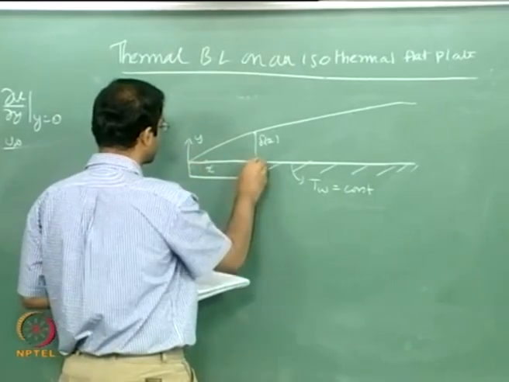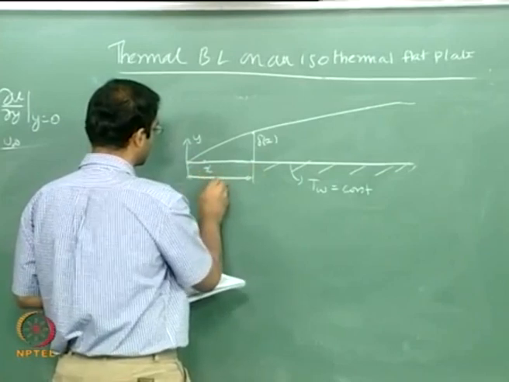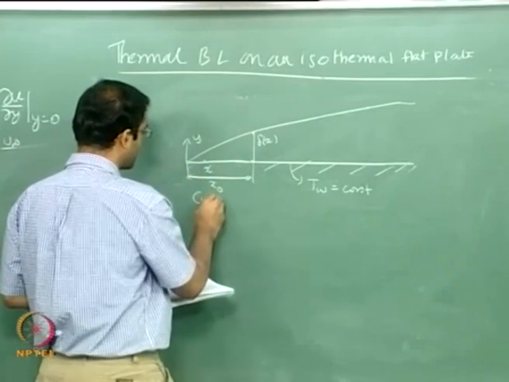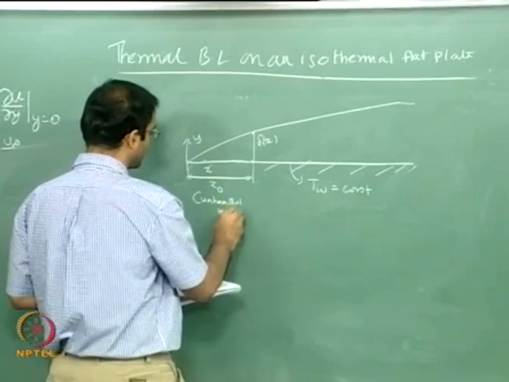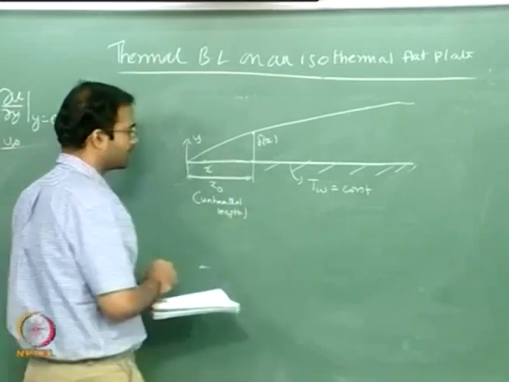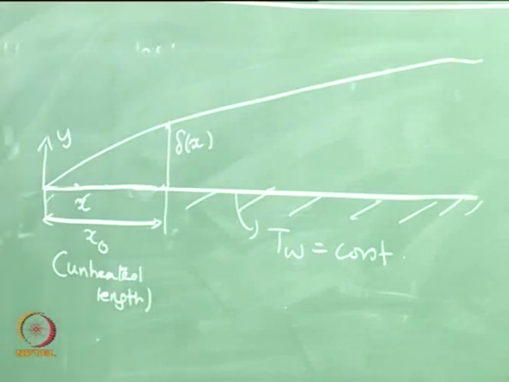That distance will be x naught, so this x naught is your unheated length. In order to get a generic solution, consider also the case where x naught equal to 0, where the plate is completely heated right from the beginning.